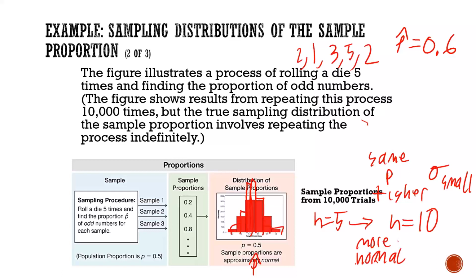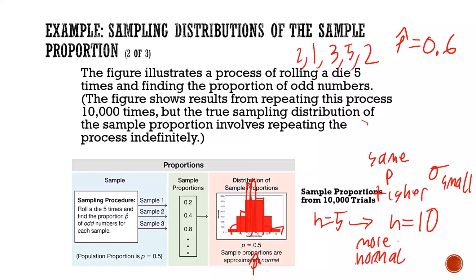be more bars because with only 5 rolls, the possible proportions are 0, 0.2, 0.4, 0.6, 0.8, 1. If I do 10, I could have 0, 0.1, 0.2. See, there's more possibilities. So the curve will be smoother, but more of it will be in the center. To have 100% be odd, you would have to have 5 odds in a row.